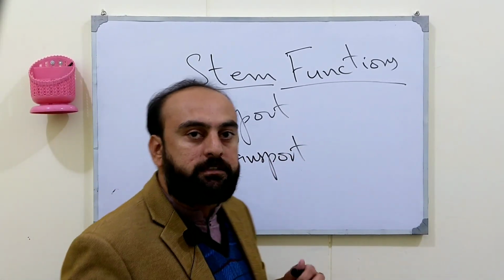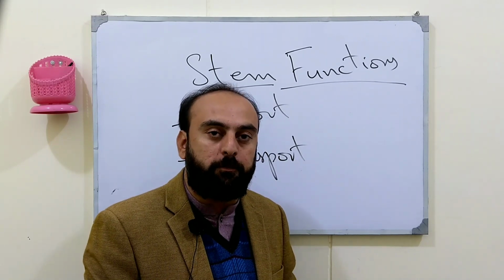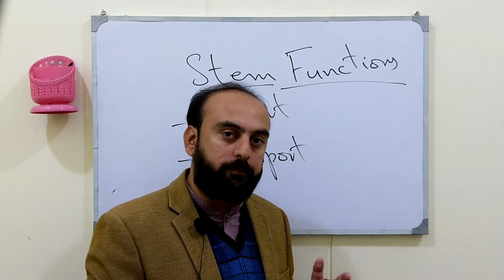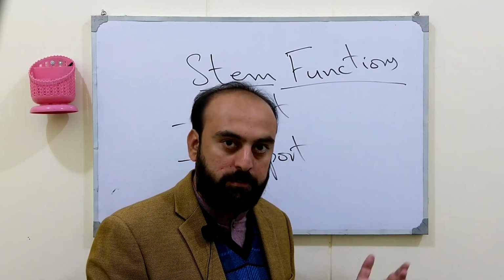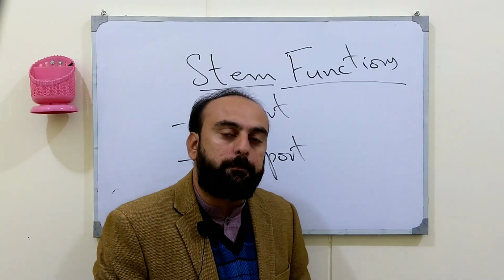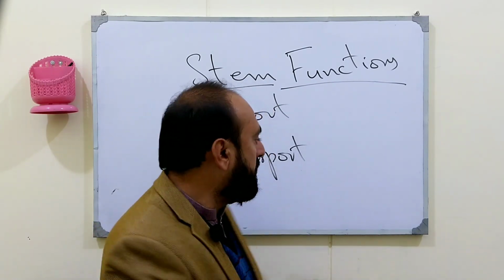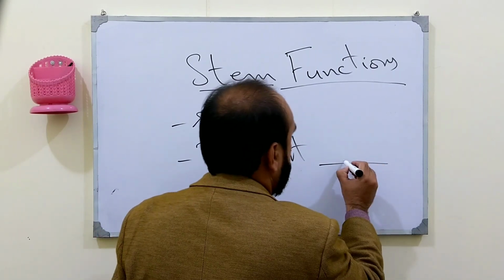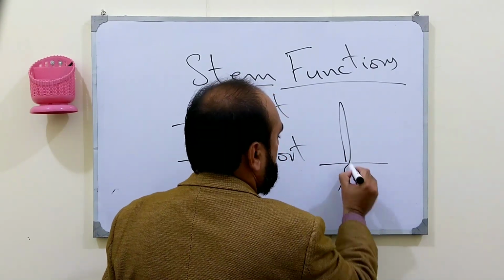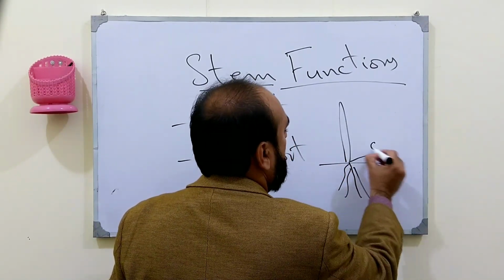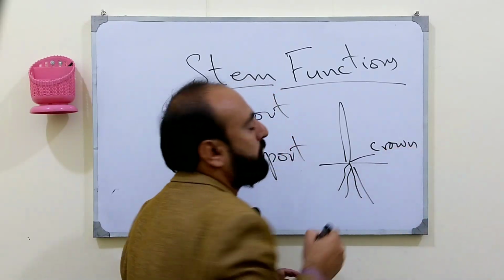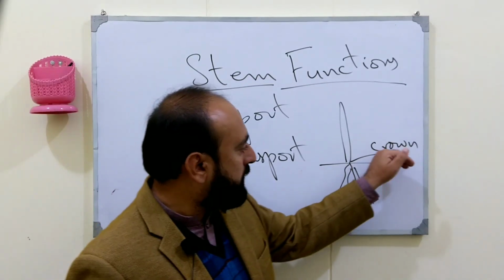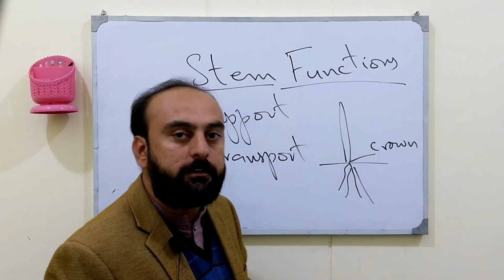Stem acts as a channel for the transport of water, minerals and the products of photosynthesis between roots and stem. The point of attachment of roots and stems is called the crown.